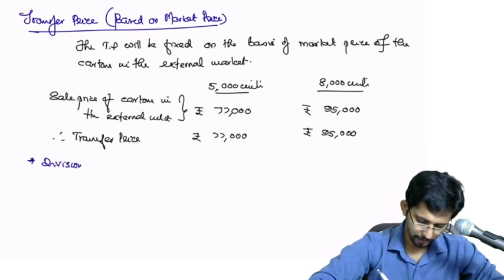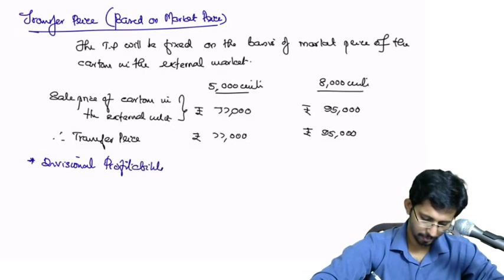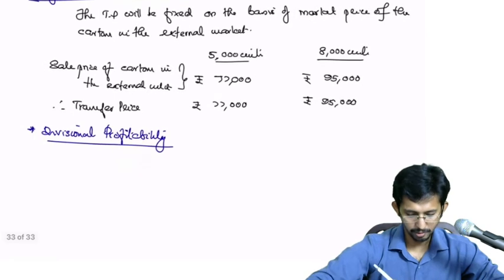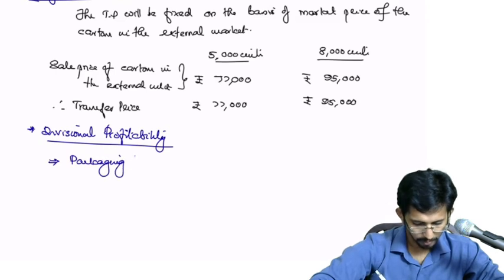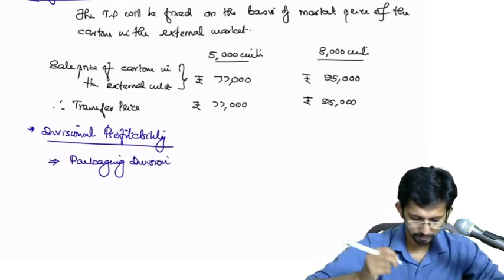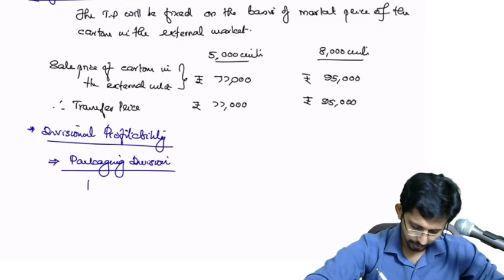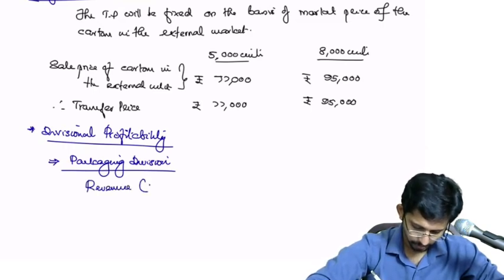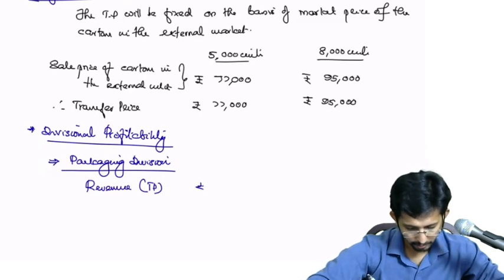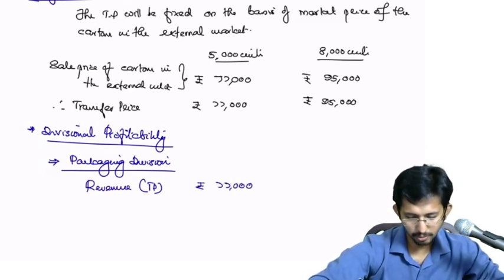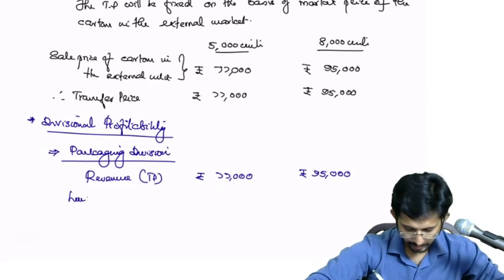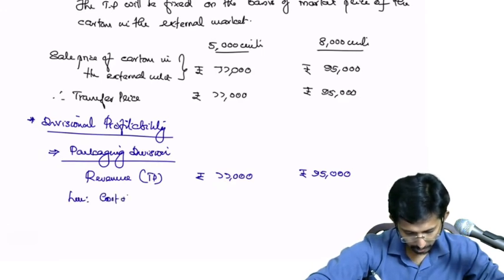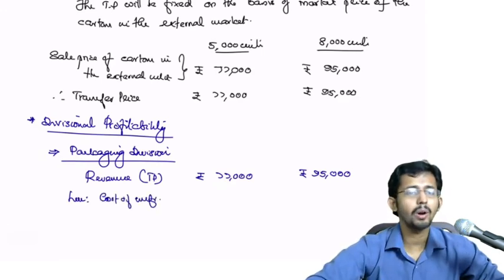Divisional profitability. First is packaging division. Packaging division, what is the revenue? Revenue or TP will be 77,000 and 95,000 less cost of manufacture of cartons.